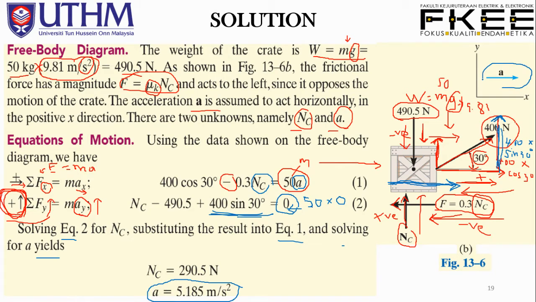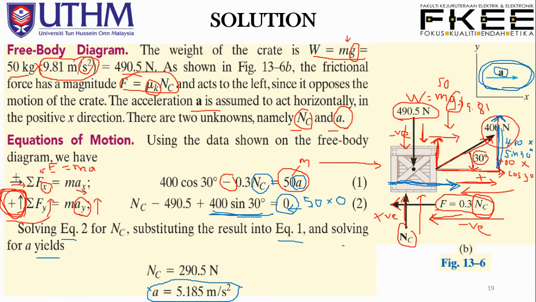So remember, our crate is moving to the right with an acceleration. Now we just obtained the value of A, which is 5.185 meter per second squared.